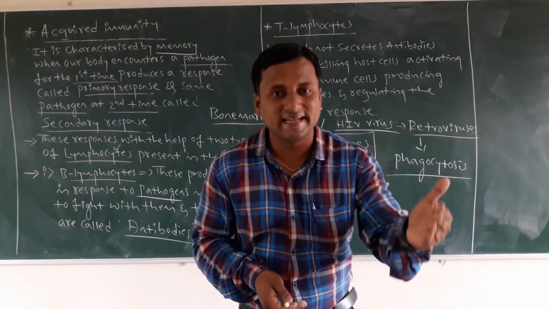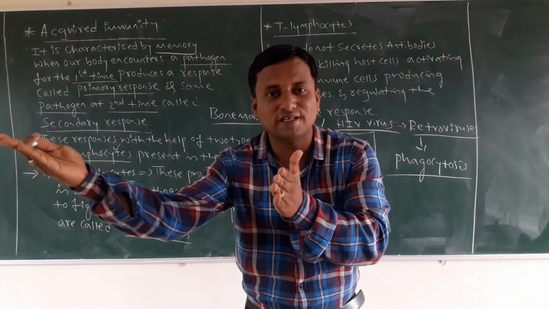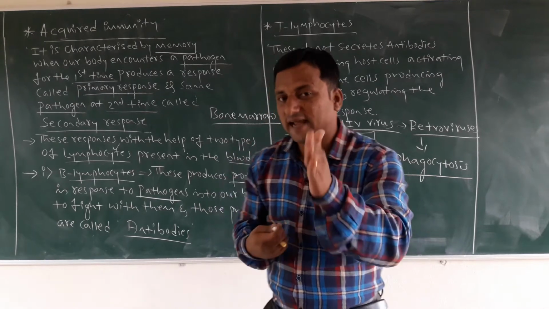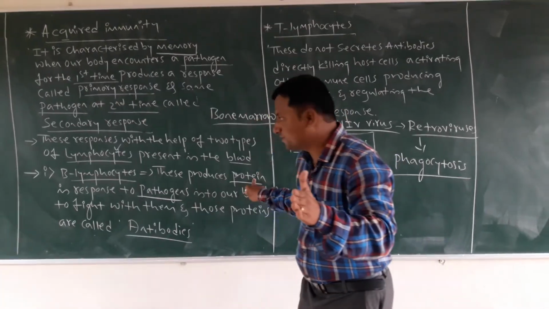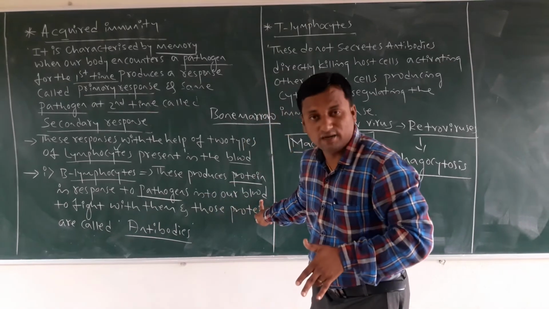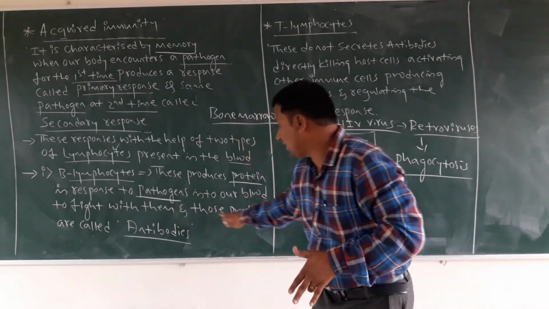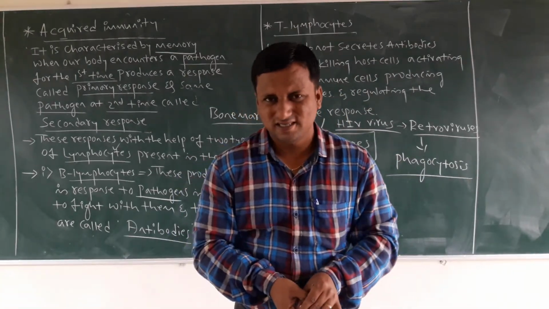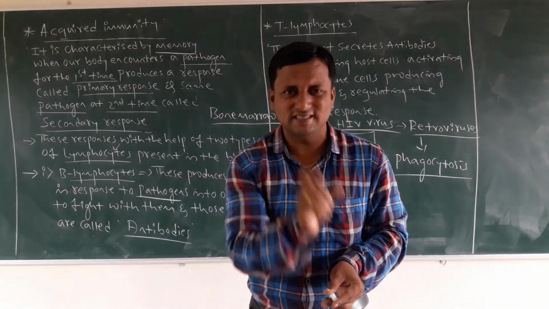Anti means against, against those bodies which enter our body. It produces proteins in response to pathogens in our blood to fight them, and those proteins are called antibodies. That's the easiest concept.